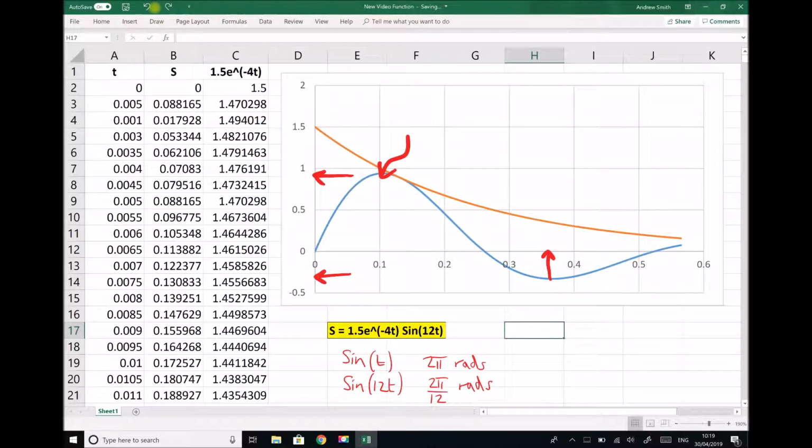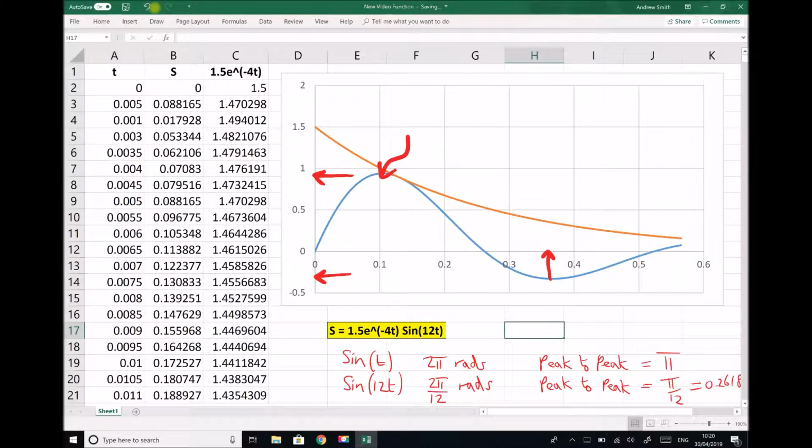So because the time taken for sine t to go from peak to peak is pi, therefore the time taken for sine 12t to go from peak to peak is pi over 12. Now, pi over 12, if you run that through your calculator, has a value of 0.2618.